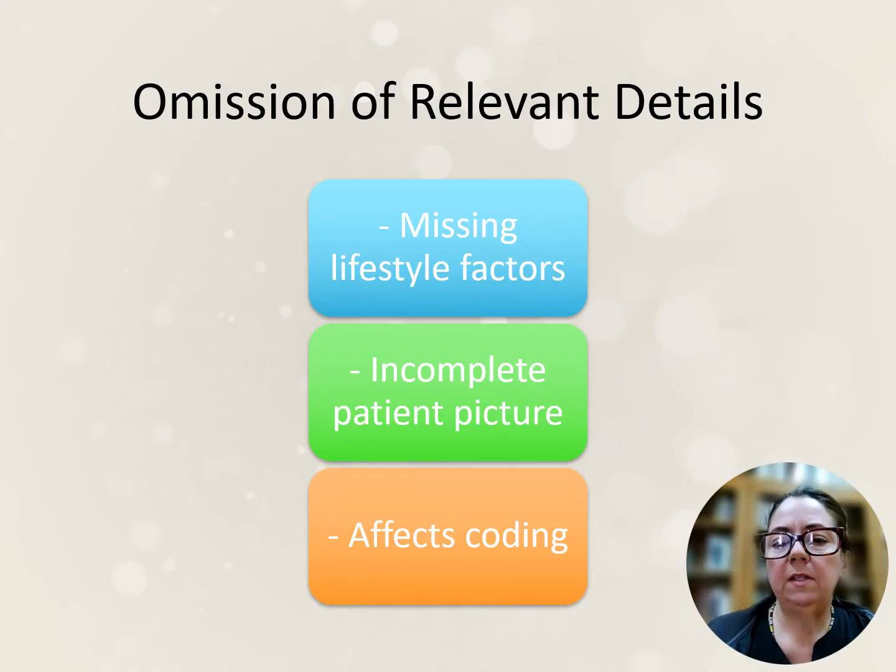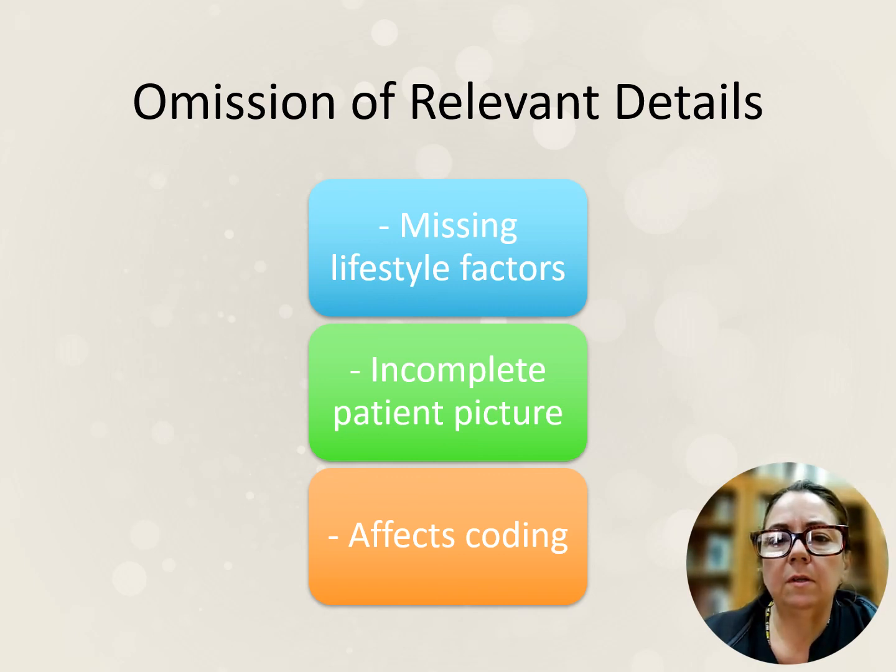Omission of relevant details. Sometimes it's hard, especially if you think a patient has access to it, to want to document things like morbid obesity or alcohol addiction, abuse, histories like that. So not recording lifestyle factors such as smoking or alcohol use that can impact the patient's condition can lead to an incomplete understanding of factors affecting the patient's health.